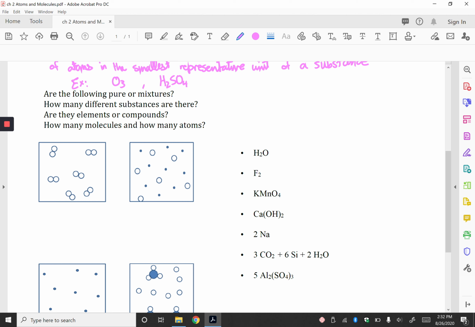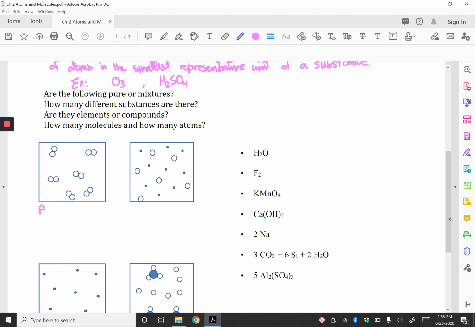So let's start with the first one. Is that a pure substance or a mixture? That is a pure substance. I'm going to write P for pure. The way I know this is pure is because I see the same types of units everywhere. They're all the same.